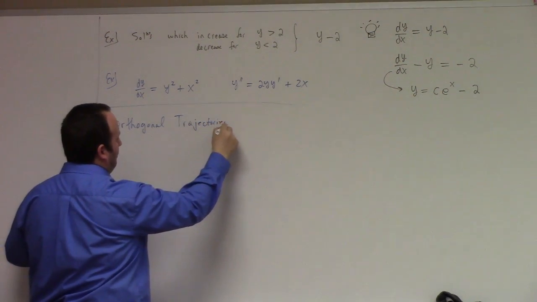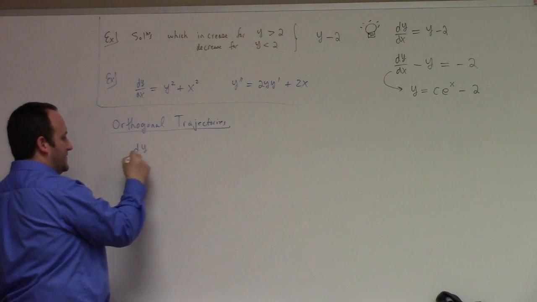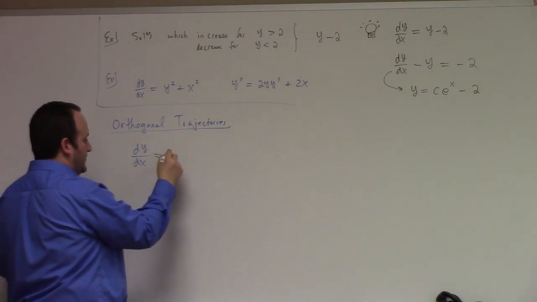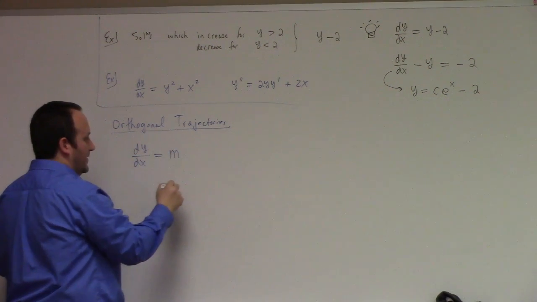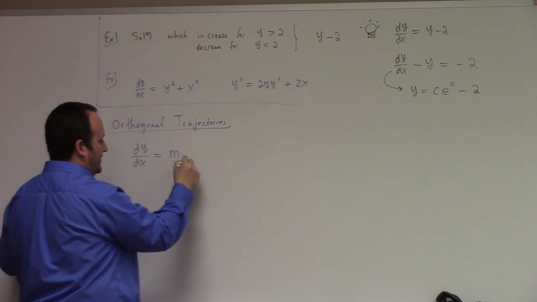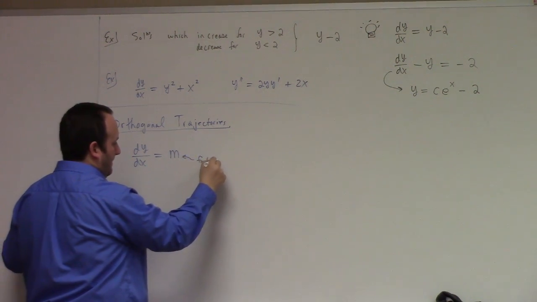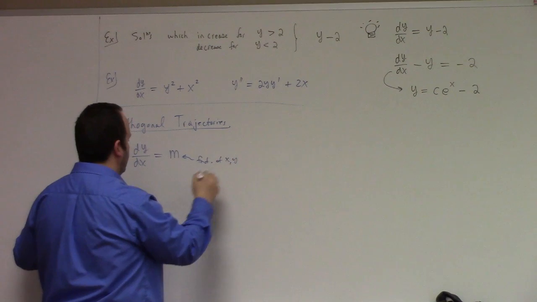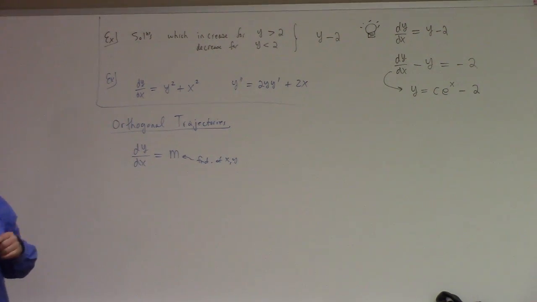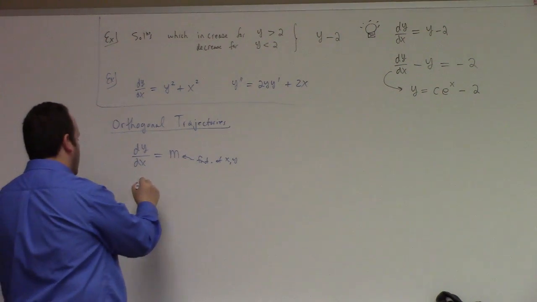It's very simple. If you have dy dx equals, say, m, and this is a function of x and y, this differential equation will have a family of functions as its solution set. For example, I think we worked this one out.